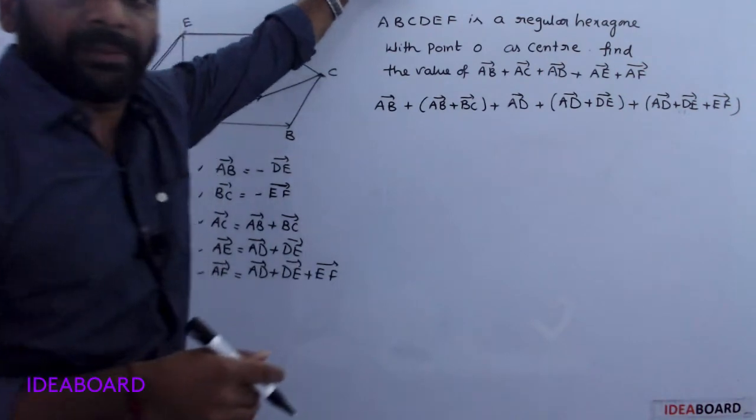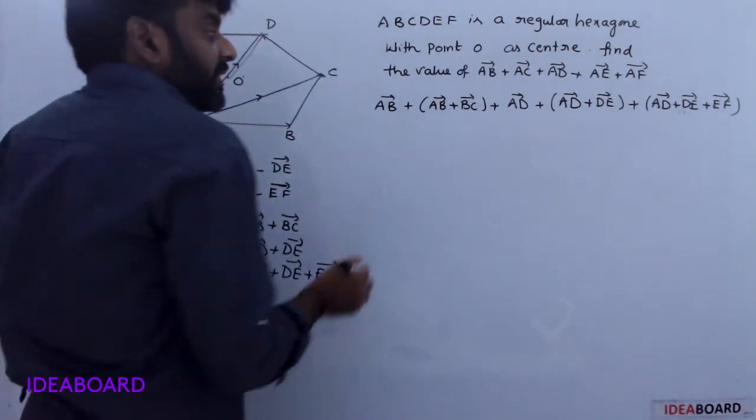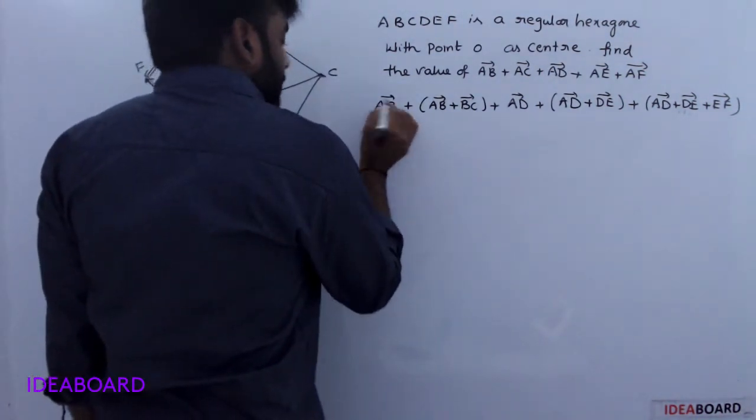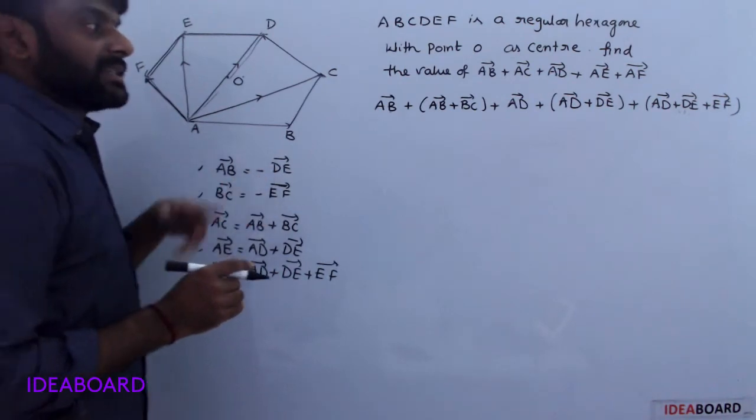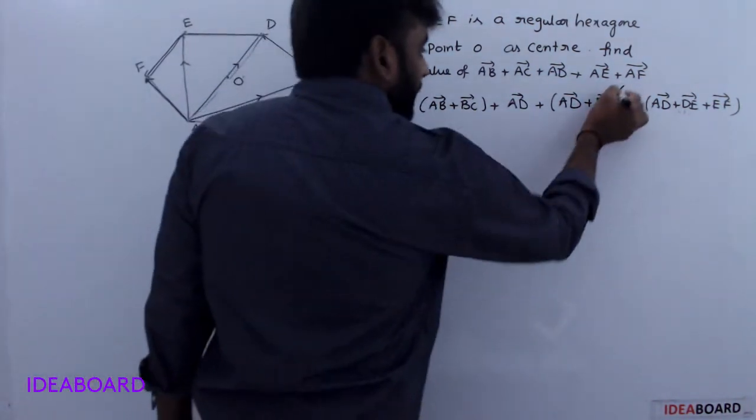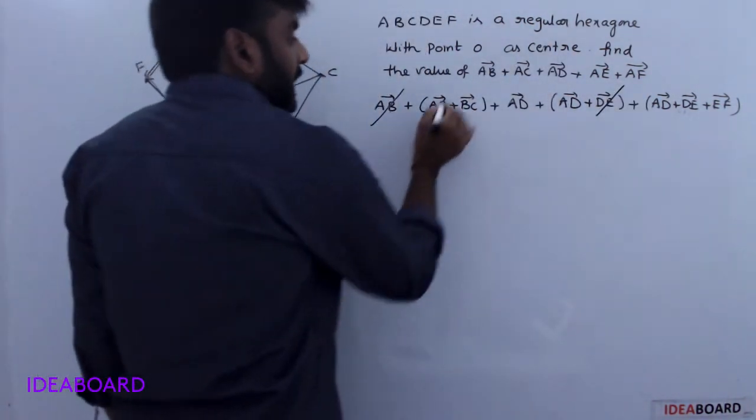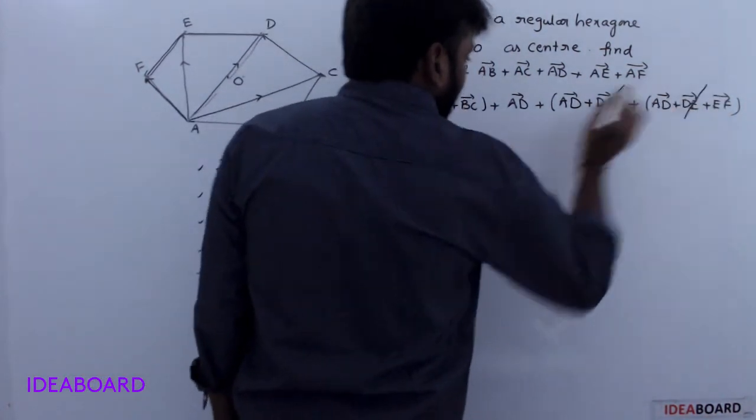Understood? Okay. See, here AB bar, the opposite one is minus DE bar. AB bar and DE bar cancel.